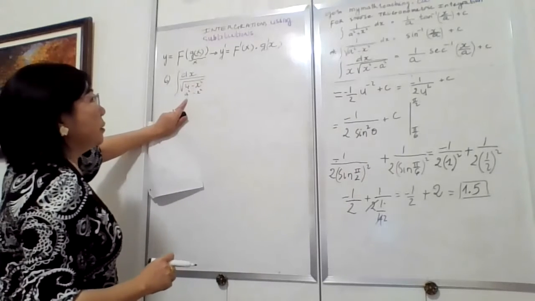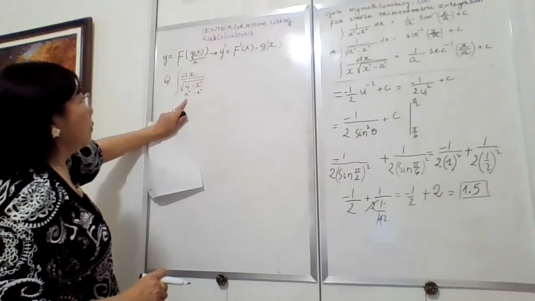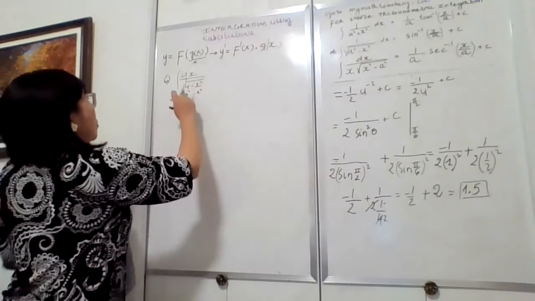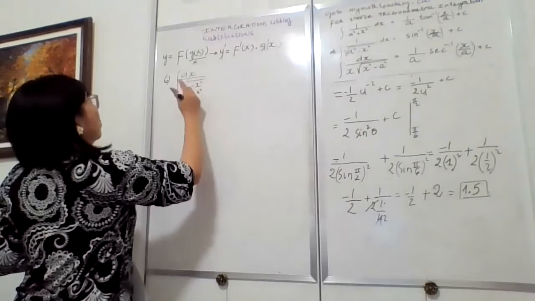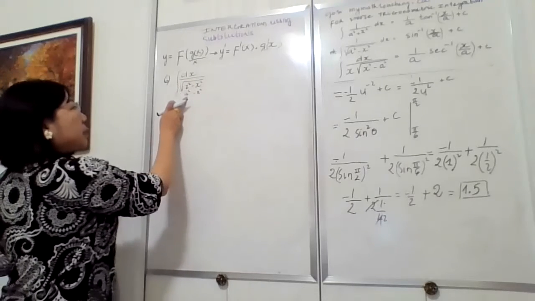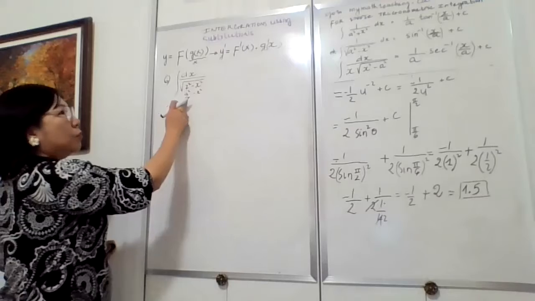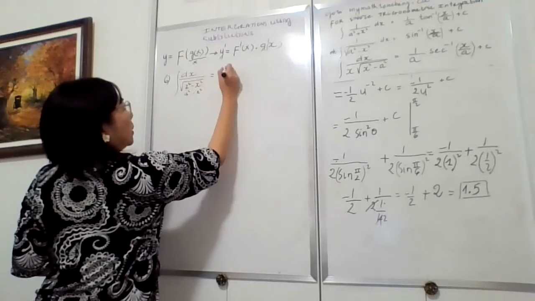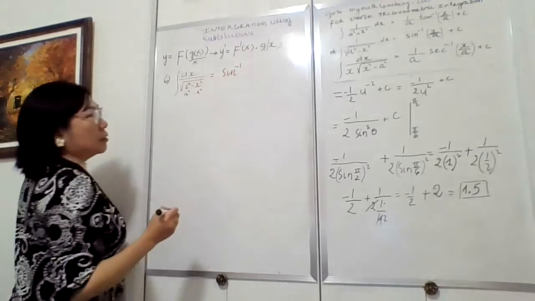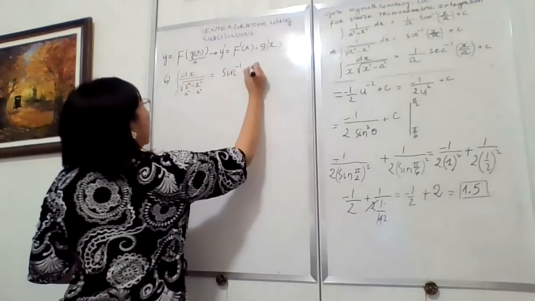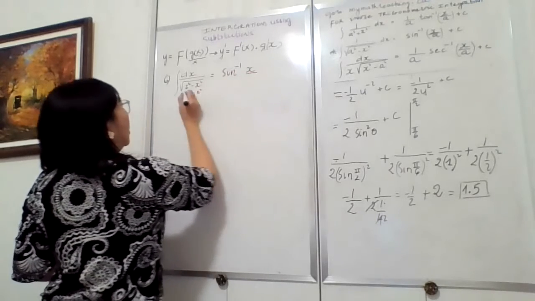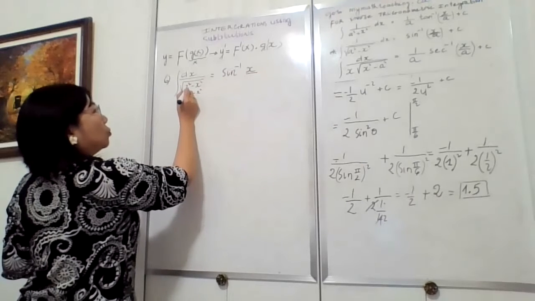The a here is, instead of 1, 4, which is the a squared. So we can change this to 2 squared, which is the same as a squared. So now the answer will be sine inverse, and our angle is x over a, and our a is 2.